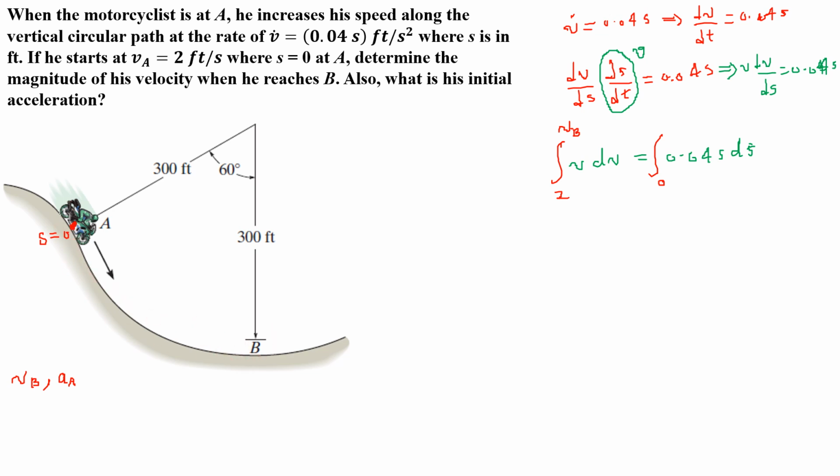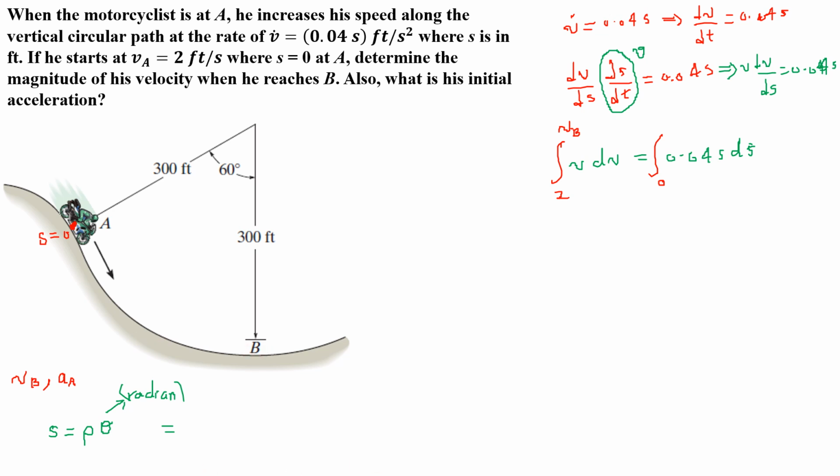The arc length s equals the radius of curvature rho times the angle theta, but this theta has to be in radians.